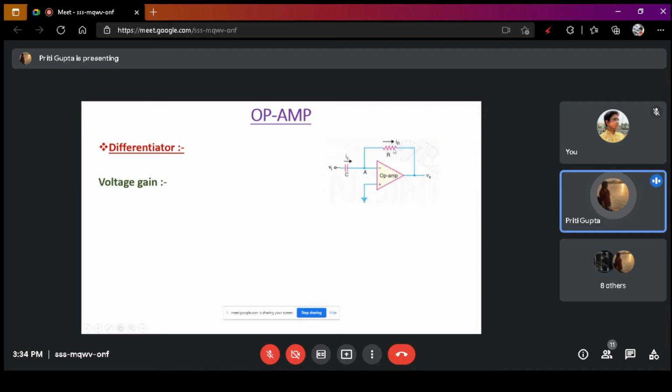In integrator circuit, in the feedback path there is a capacitor. Here in the input terminal there is a capacitor.